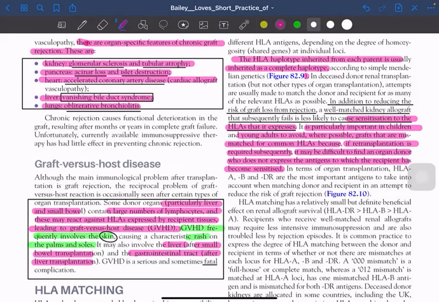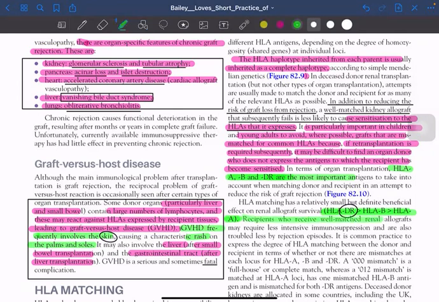If any mismatch has been done, the recipient is sensitized for that, so it will be very difficult to find another graft with very good matching. And among all the HLAs, very important point, HLA A, B, and DR are the most important. In sequence, DR is most important, second is B, and then A.